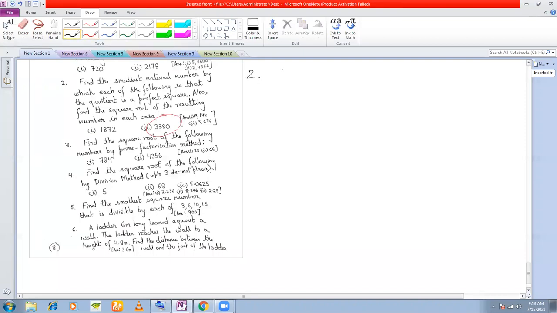So you prime factorize 3380. First you try with 2. So you get 1690. Again, I think it will go with 2. 845. Now it will not go with 2.